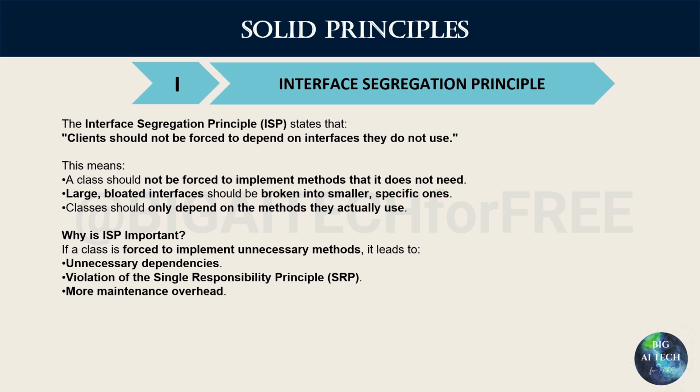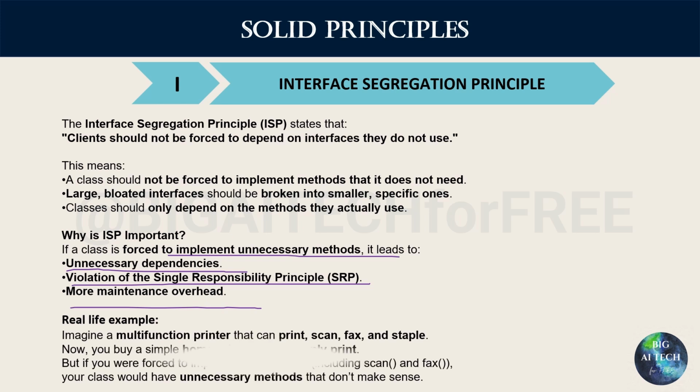Why is this principle important? If a class is forced to implement unnecessary methods, it leads to unnecessary dependencies, violation of the SRP, and more maintenance overhead. So, if you take a real world example, imagine a printer that can print, scan, fax, and staple. Now you want to buy a simple home printer that can only print.